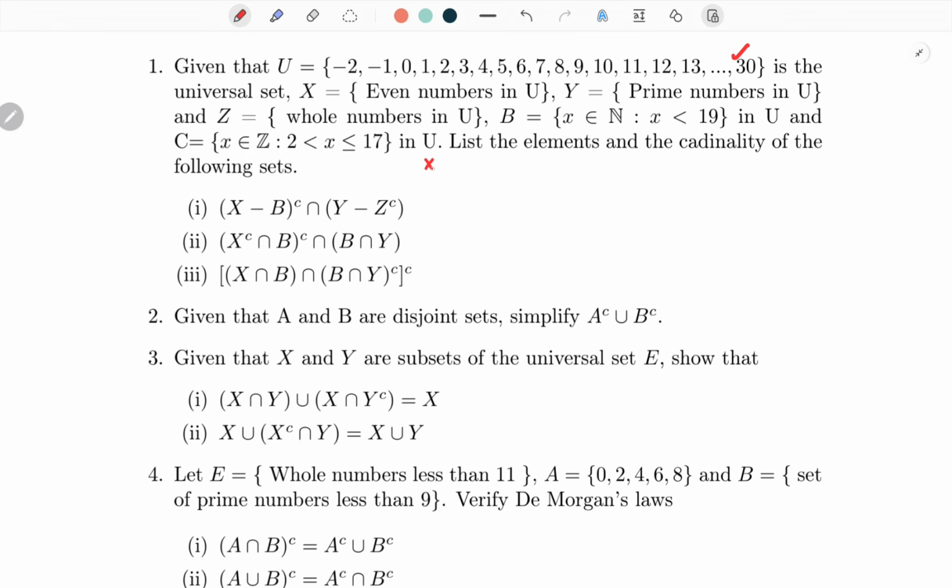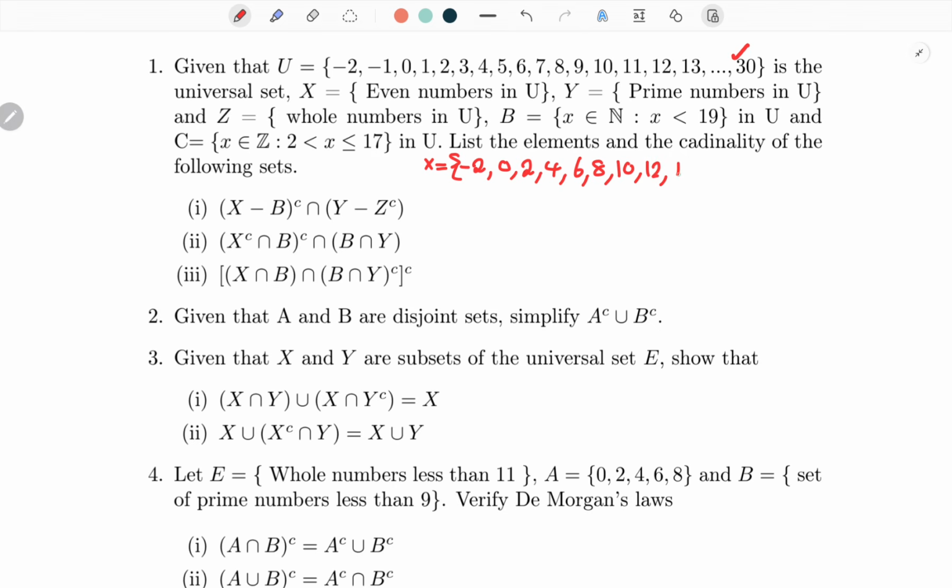So this is going to be X. So our X is going to be a set which is going to start from your -2. -2 is an even number. And of course, 0, please don't forget, 0 is also even. And then of course, it's going to go to 2, then 4, and then 6, and then 8, and then 10, and then 12.